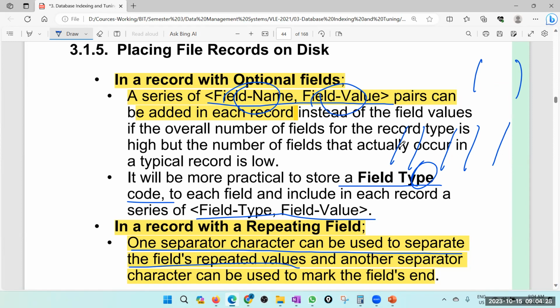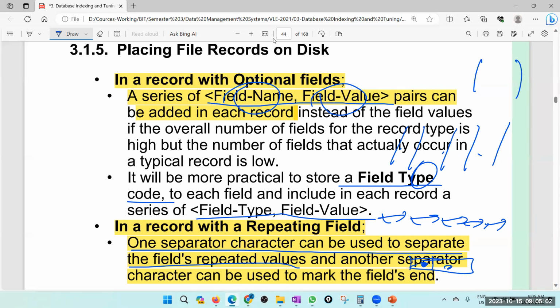Rather than wasting 5 storage locations in your file, if you know that only one will be there, we can allocate one particular storage unit and store the field name and field value. So it is more efficient. Likewise, if there are so many optional fields and only 1 or 2 are stored, we can go for the field name, field value approach as well.